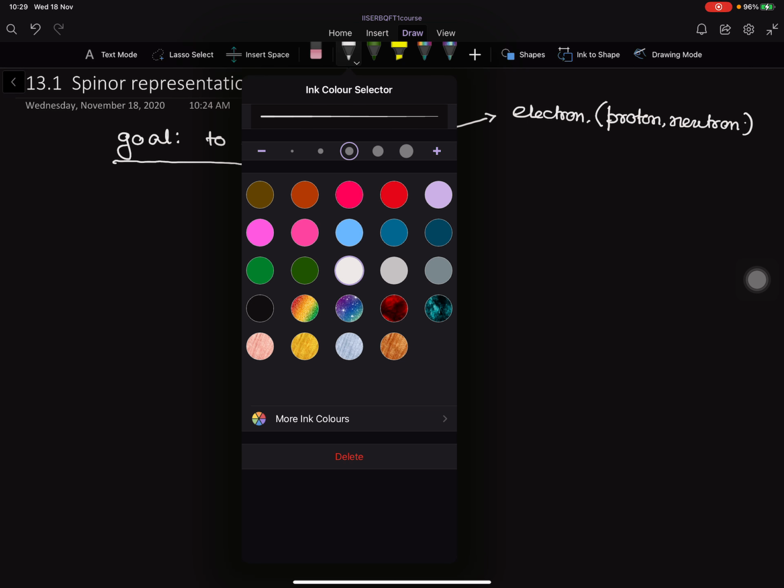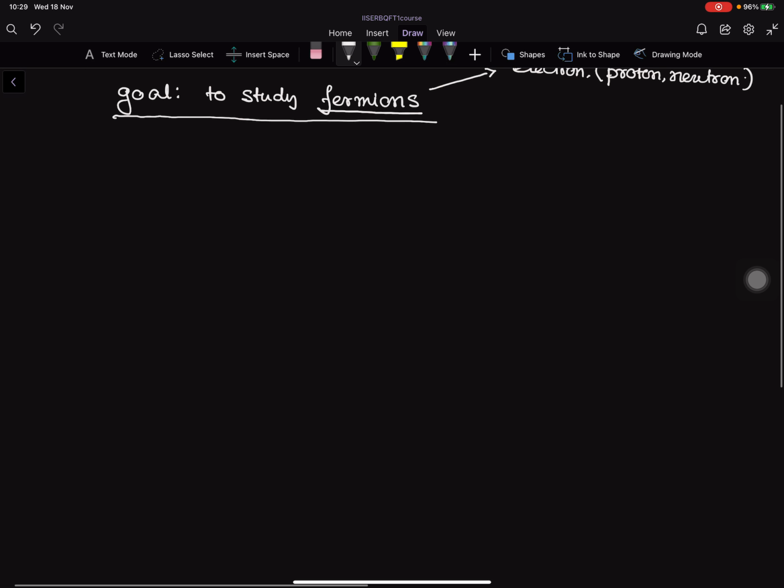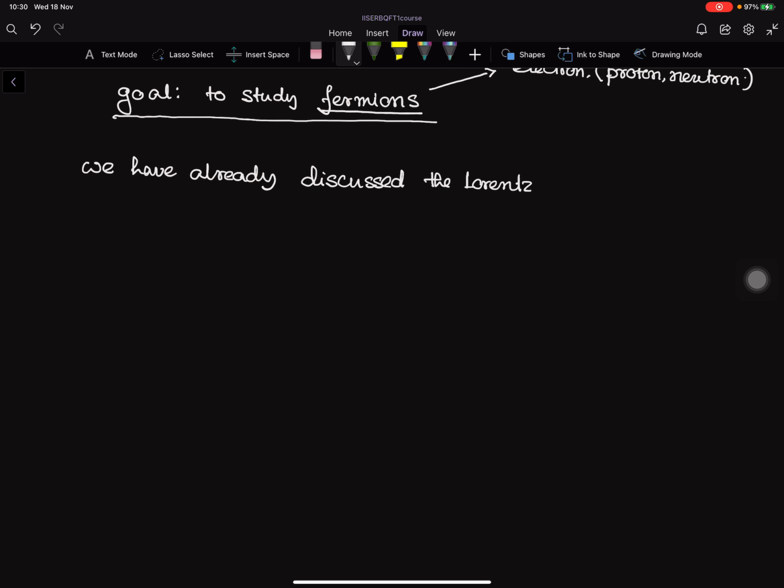In the previous lecture we have already discussed the Lorentz group, and the Lorentz group in 3 plus 1 dimensions decomposes into a product of two SU2s.